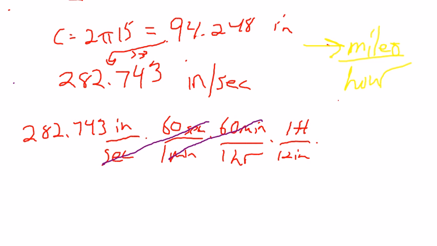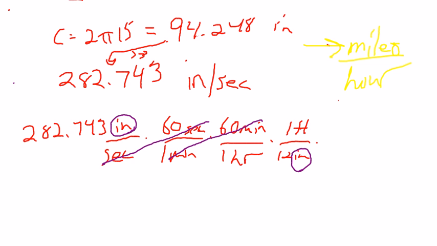The reason I do it that way is because this inches cancels with that inches, and leaves me with feet on the top. So I'll divide by 12 in my calculator, and that brings me down to like 84,000. That would be the number of feet I would travel in an hour.